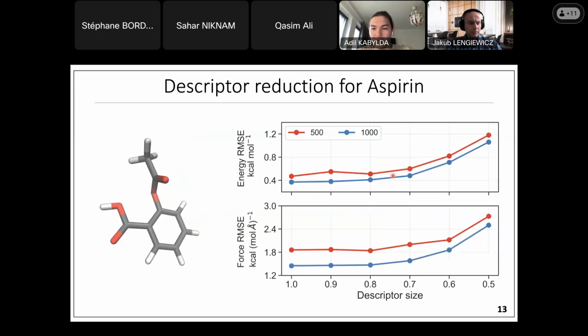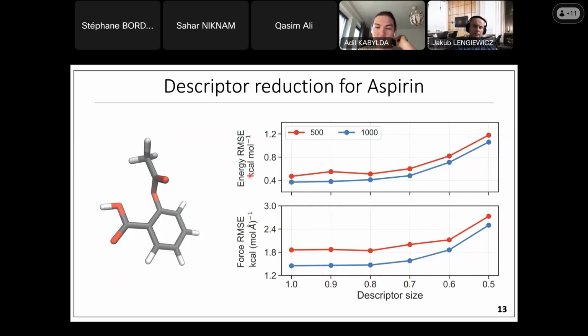Okay. So before going to the big molecules from the MD22 dataset, we wanted to check on some of the earlier examples from MD17. And here we had an aspirin molecule, which is not so big, and we applied this methodology here. So here on the x-axis, you have a descriptor size, where 1 is the full global descriptor, 0.1 is 10% removed, 20% removed, and so on.